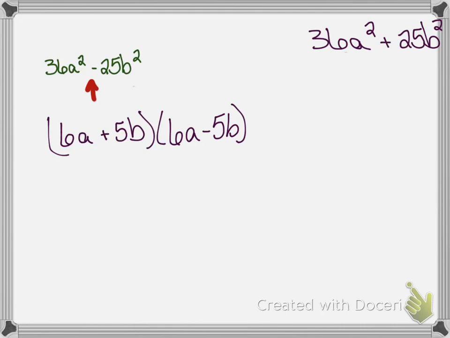Students like to remember this and apply it to that, and that's wrong. That can't be factored. It's got to have the minus sign or it doesn't work. And that's a special product. You don't have to remember the name. It's difference of perfect squares.